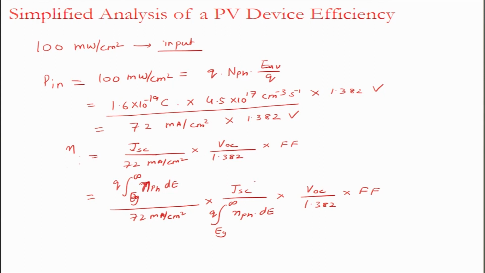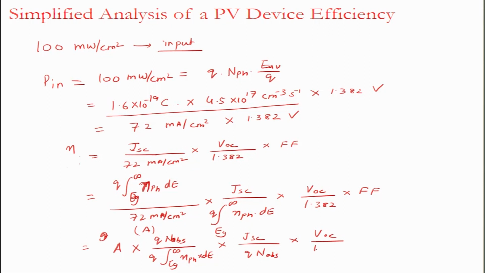So, as a result we can further break this down into this term, let us say this is A, multiplied by q into N absorbed divided by q into the integral from Eg to infinity of N photon dE, into JSC divided by q N absorbed, into VOC divided by 1.382.